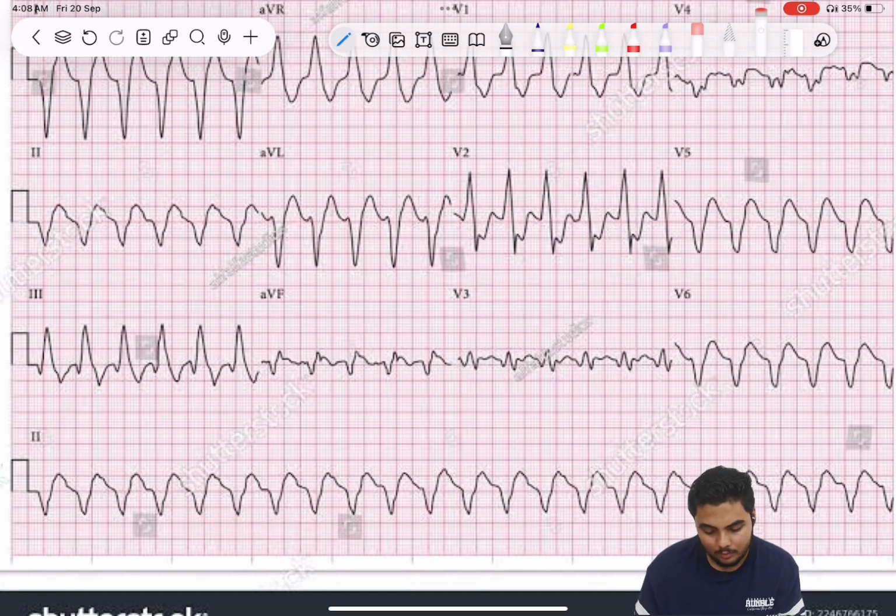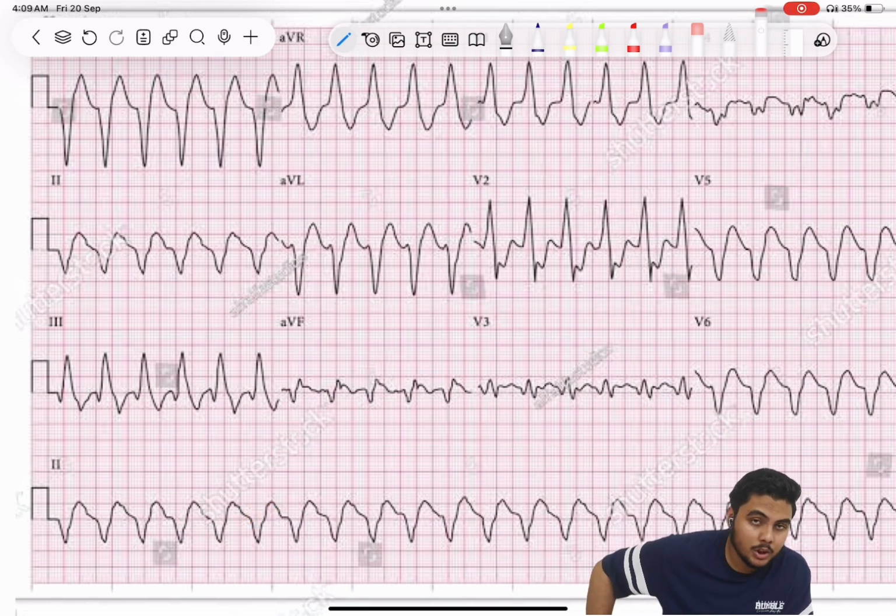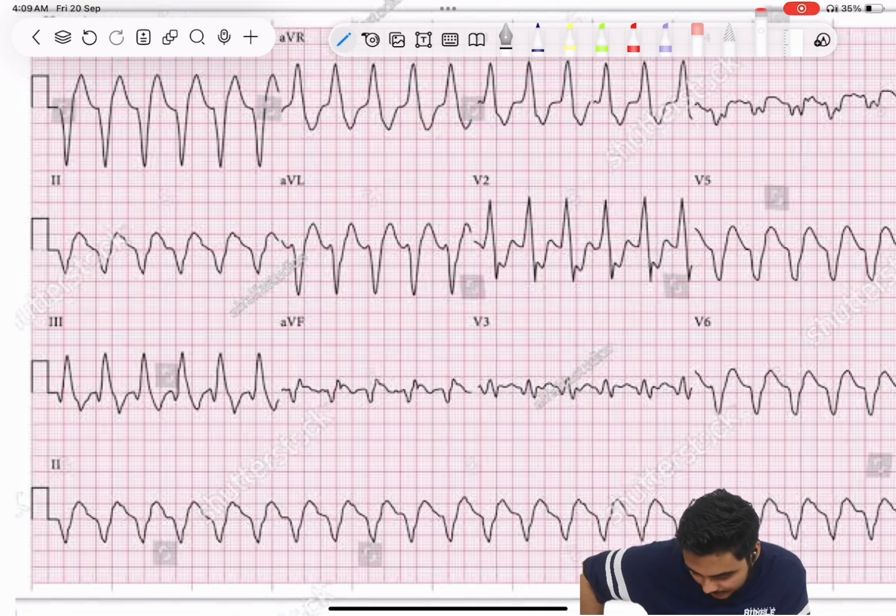So we have a regular rhythm. Next we have to see the QRS complex, right? So if you see here, the QRS complex is around 4 to 5 small boxes, that is much above normal, that is more than 3 small square boxes, right?